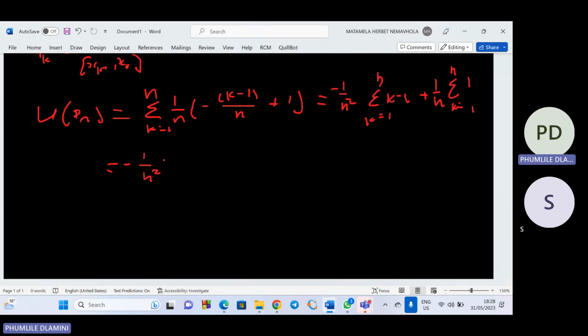When we multiply, it is going to be in brackets n, in brackets (n plus 1) over 2, minus again, which is going to be plus because of this negative, 1 over n squared in brackets (n plus 1) over n in brackets n, which equals this. This will cancel with this one here.